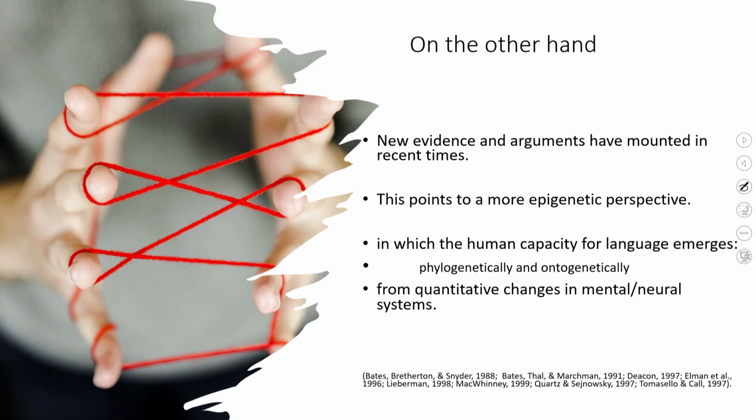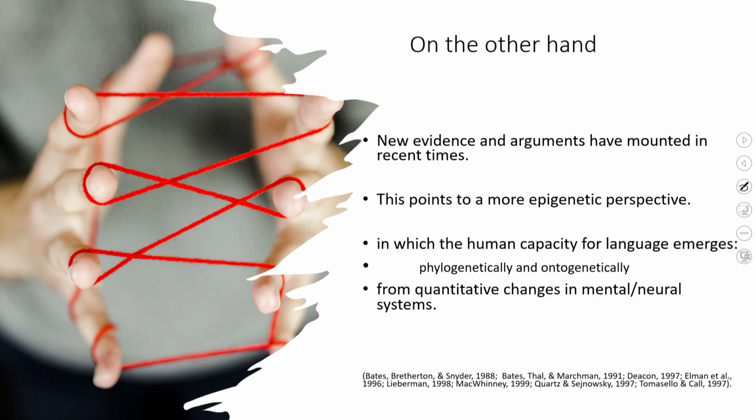So, this points to an epigenetic perspective, because these kinds of connections are created. Of course, a lot of it is normal, natural, but a lot of it also is epigenetic. They are dependent on the kind of experiences that we have.